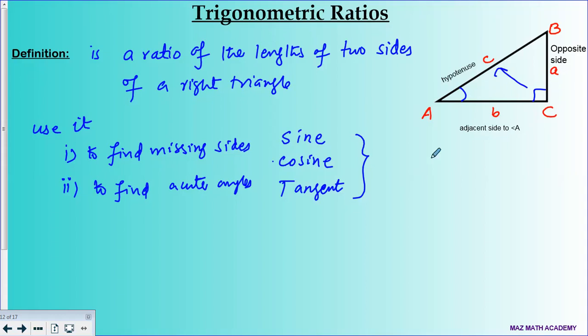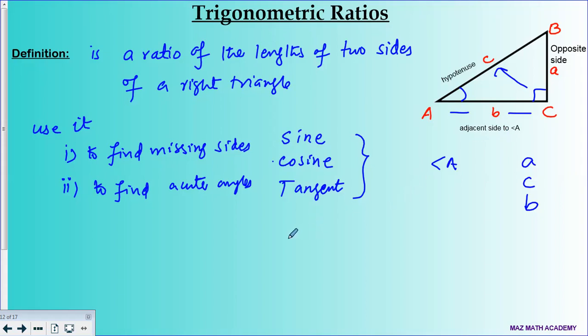The side opposite to angle A is called the opposite side. So we have a, the length of the opposite side, c, the length of the hypotenuse, and b, the side adjacent to angle A, so it's called the adjacent side, and also the base.